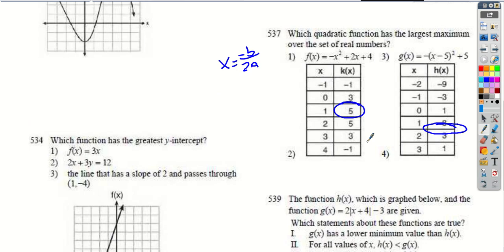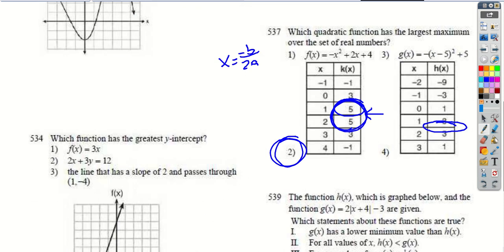So we can actually check those out, the largest maximum value over the set of real numbers, and we want to pick one accordingly. Oh, actually, these guys, notice, are both 5. So this one is going to be somewhere in between that and a little bit more. So we would actually want to pick choice 2. It's in between those two.